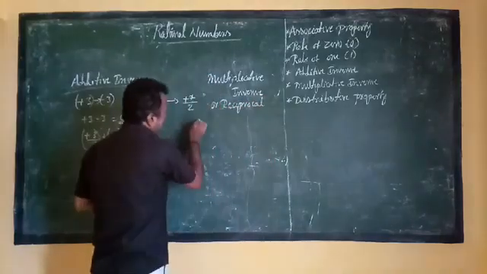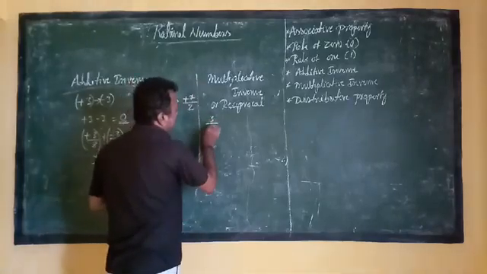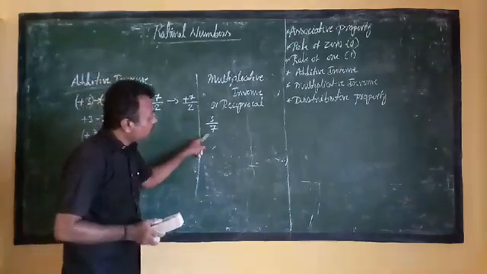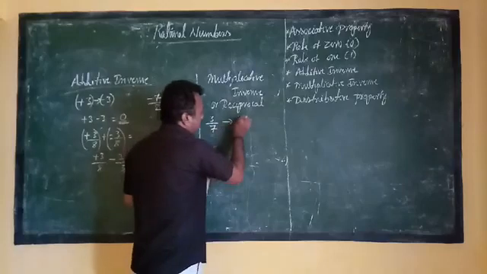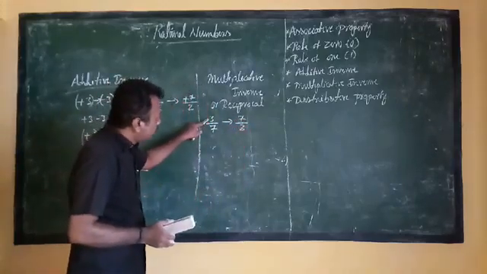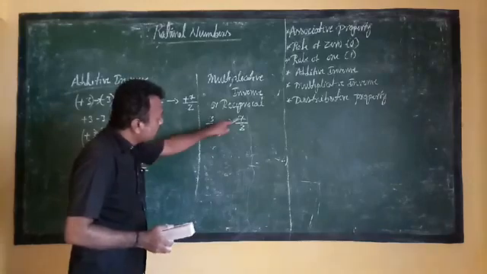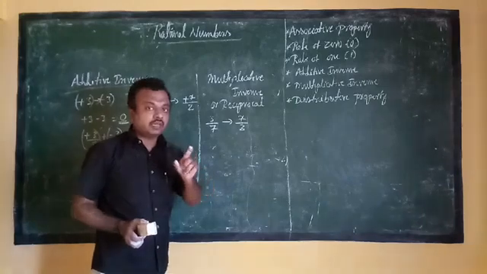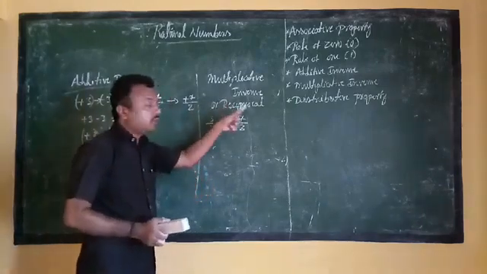See students, I will take 3 by 7, one of the rational numbers. What is the reciprocal of 3 by 7? 7 by 3. Very simple students. The numerator becomes the denominator and the denominator becomes the numerator. Only by changing the numerator and denominator, that is called the multiplicative inverse.